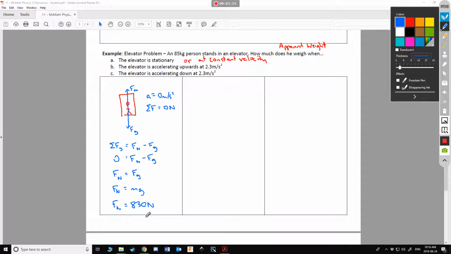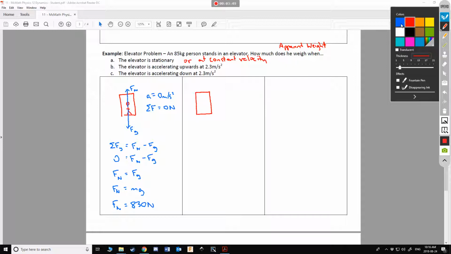Now for this next one, it says, what happens when the elevator is accelerating upwards at 2.3 meters per second squared? So are we going to feel heavier or lighter? Hopefully you've actually experienced this, and you kind of know in advance, like, oh, I expect a greater force because it's accelerating upwards. If not, we can go ahead with the calculations and see what happens.